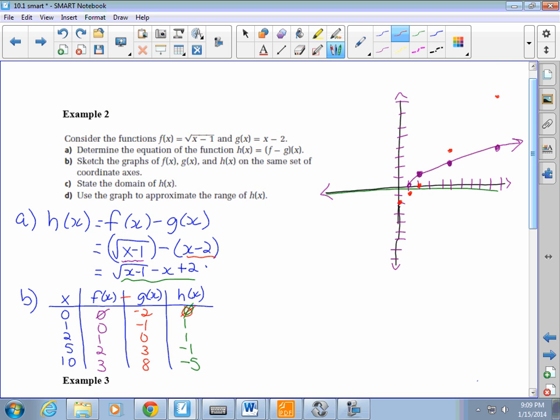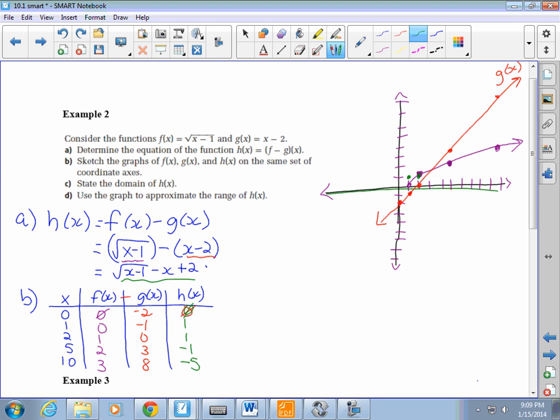So this graph would be a straight line, and it would continue even though those are the only values I've used. This is the g of x graph. I didn't label my f of x. So h of x then. At 0, it was undefined. At 1, it was 1. At 2, it was 1.